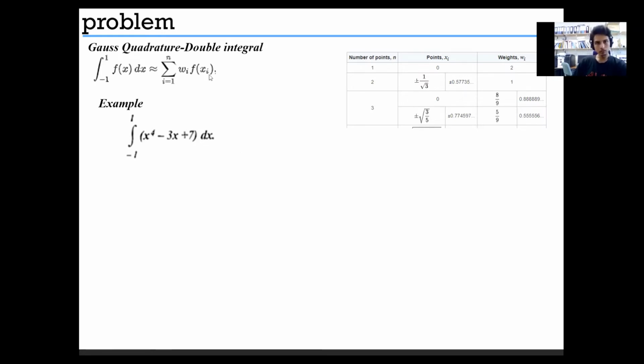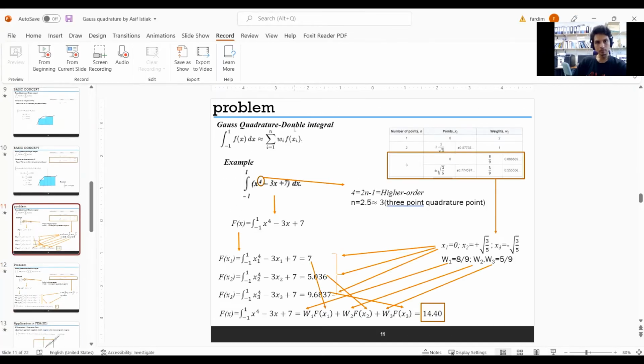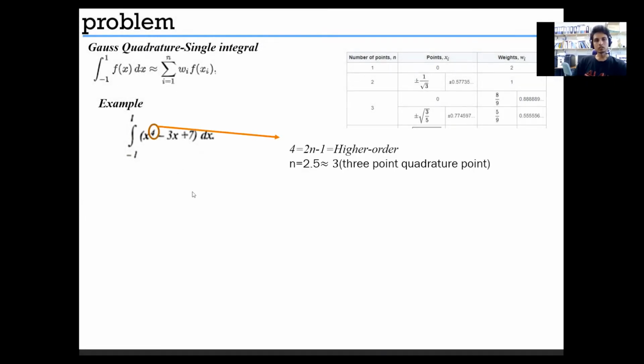I'm sorry, there will be some edit here. This will be a single integral. Okay, so what about the order? The order will be the highest order, 4, so 4 is equal to 2n minus 1. That means n is equal to 2.5, so we will take 3.